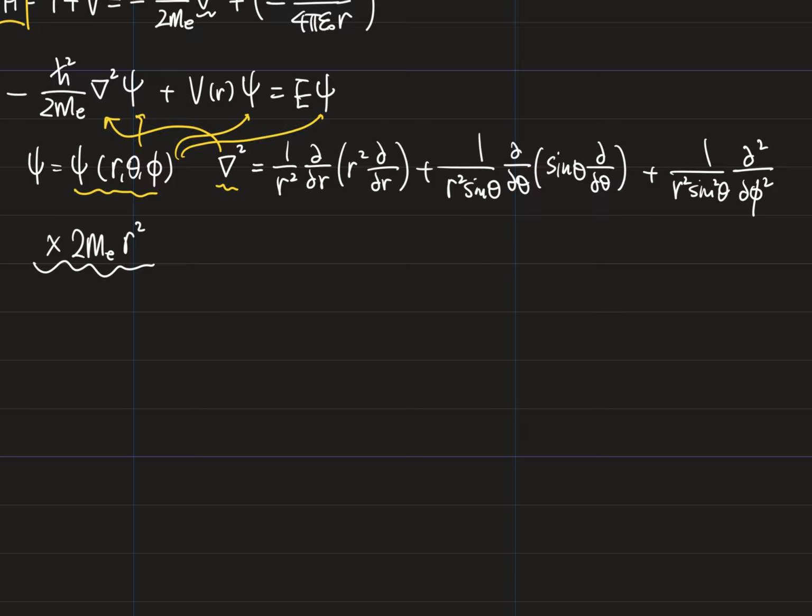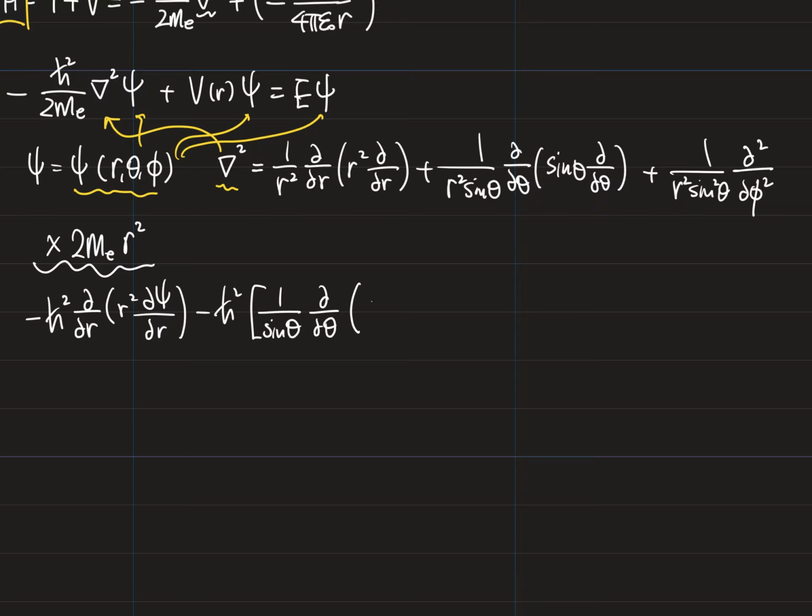So it will be h bar squared. Yeah, even for me, it is very complicated.